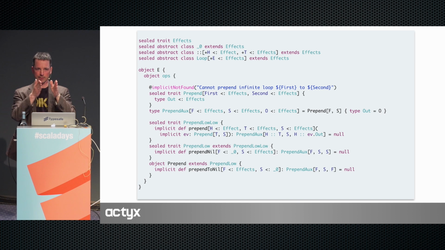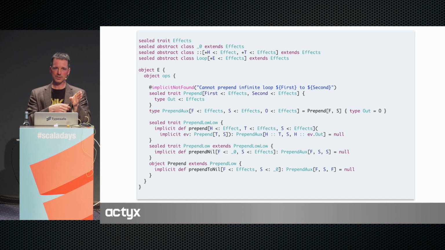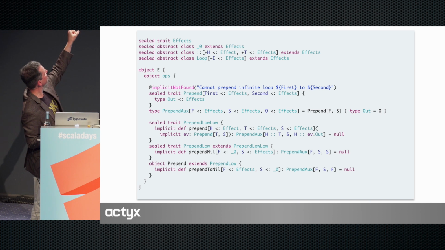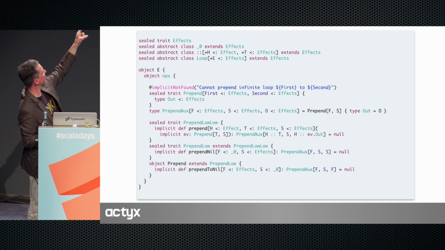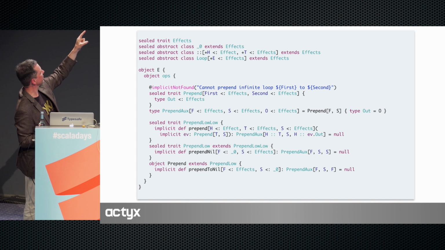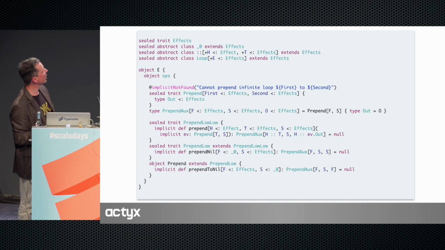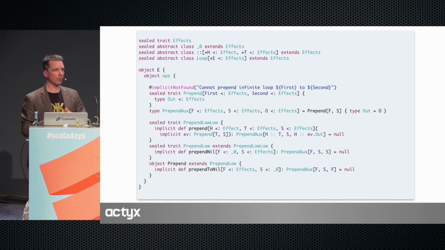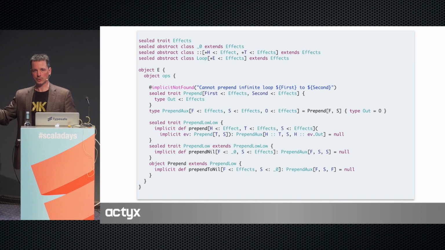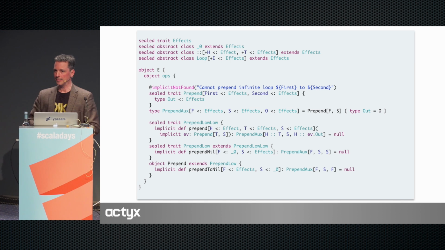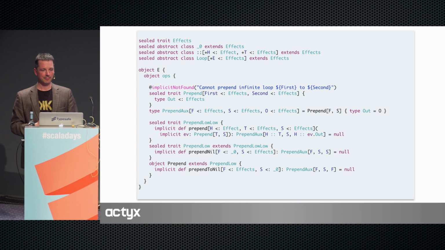So we take the head of the first list to the side, and we prepend the tail of the first list to the second list. Yeah, that's what we ask for. So we ask for an implicit ev: Prepend tail to the second, and given that, we know how to construct a Prepend for the whole thing. And then the compiler will recursively go through the first list and figure that out.